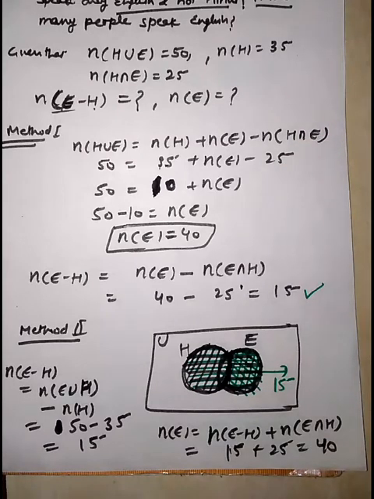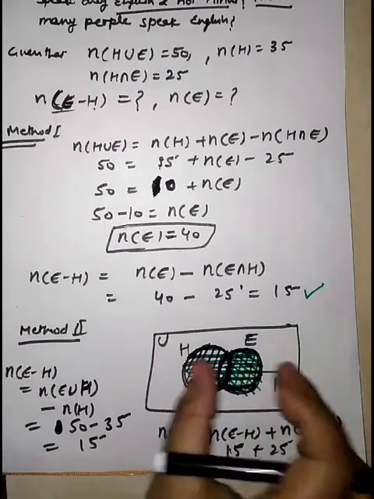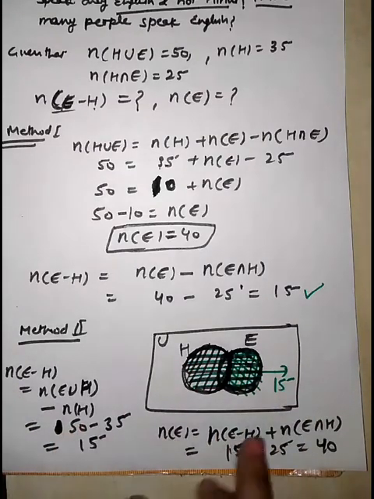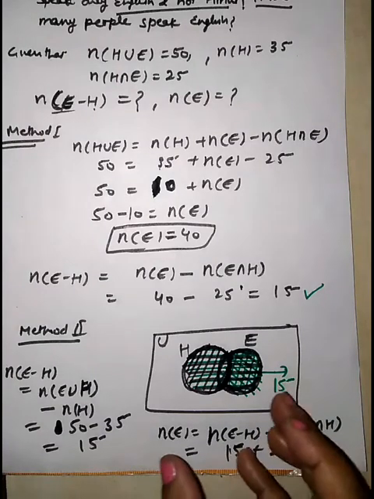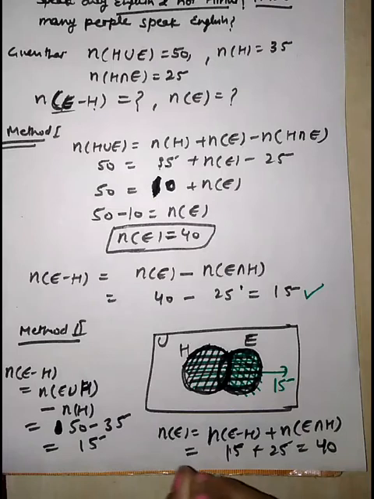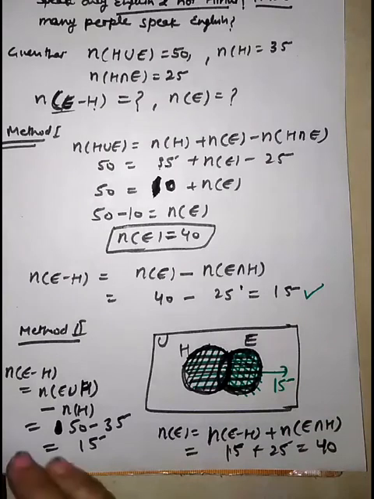If you want to use a diagram, a Venn diagram, you can also write down all the results through the Venn diagram. So this is all about the Venn diagram.